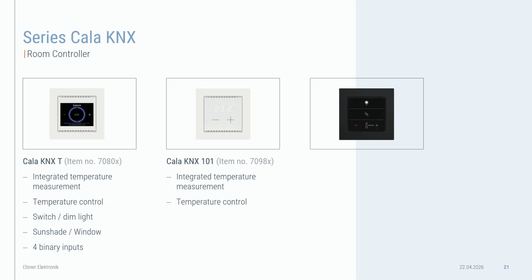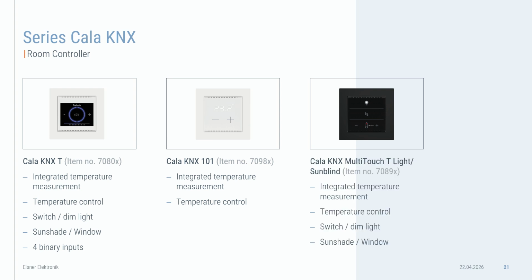And on the last picture, you see the Kala KNX Multi-Touch T, light and sunlight. It's a device which has a temperature controller for basic control without a display. You see the 3 points in the screen of the device, and with the 3 points you can make a base shift of the temperature. For example, you can make the temperature 3 degrees higher or 3 degrees lower from the base temperature.